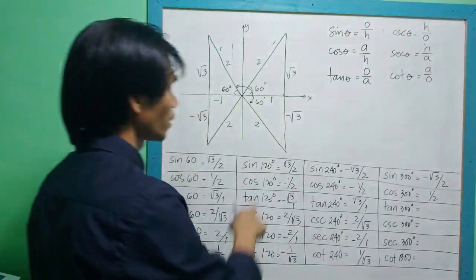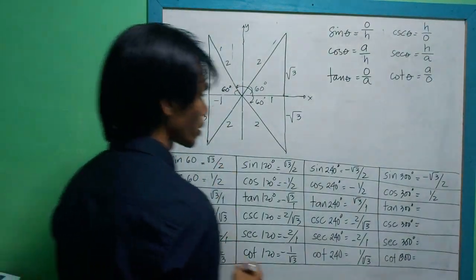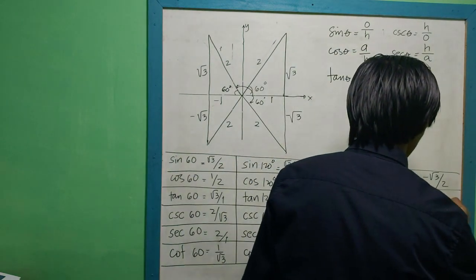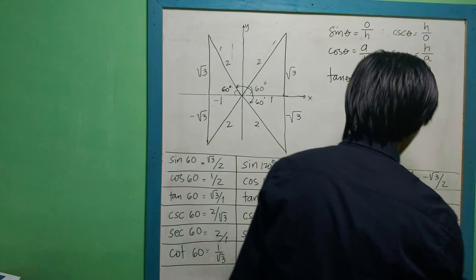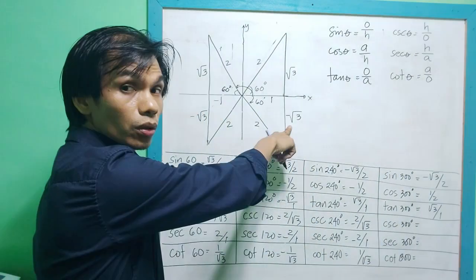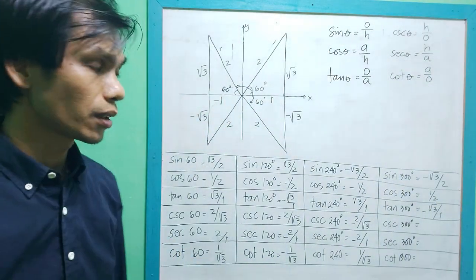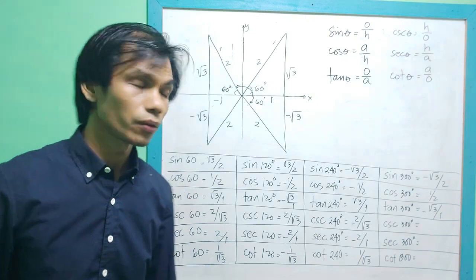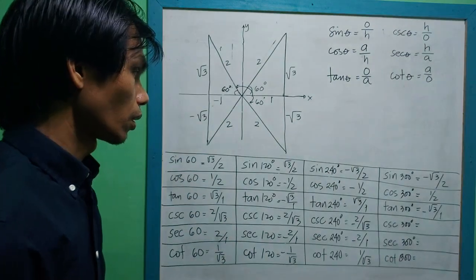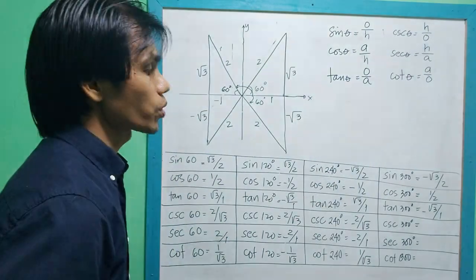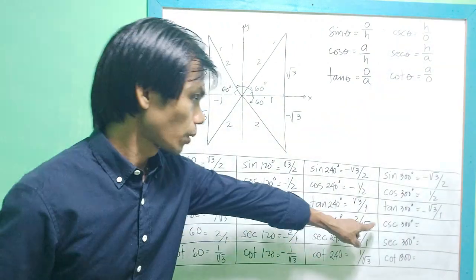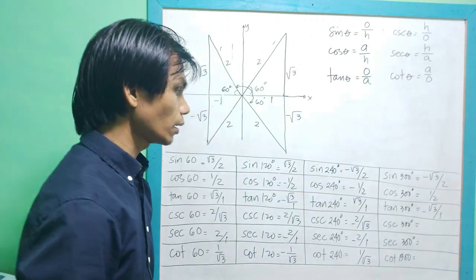So, tangent naman is opposite over adjacent. That is square root of 3 over 1. Pero yung square root of 3 natin is negative. Kaya tangent of 300 is negative square root of 3. Okay? And then, cosecant 300, pagbabalik rin lang natin yung sign.